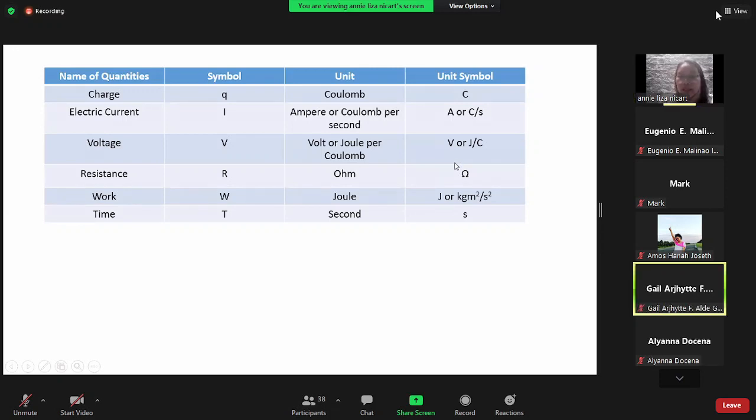This will help you identify the given quantities in problem solving, based on the units or values involved in the problems. Sorry class, time is lowercase t.